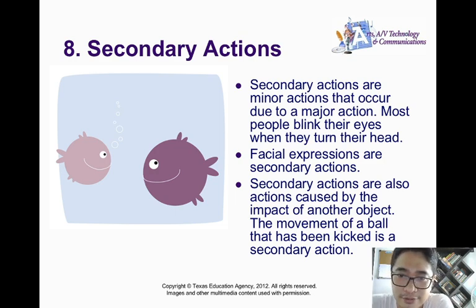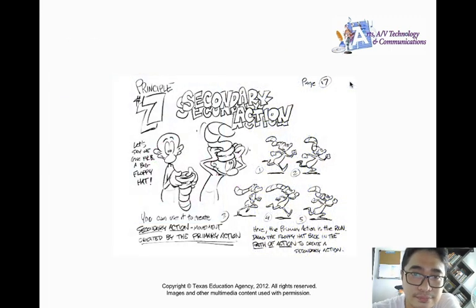Secondary actions are also actions caused by the impact of another object. The movement of a ball that has been kicked is a secondary action. Ayan. So this is a secondary action. It's like this one. So here the primary action is the run, yung takbo.